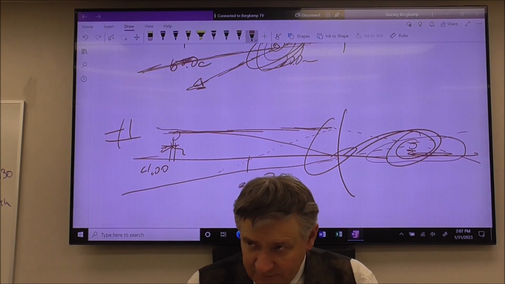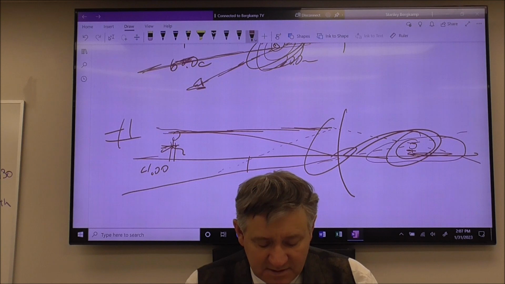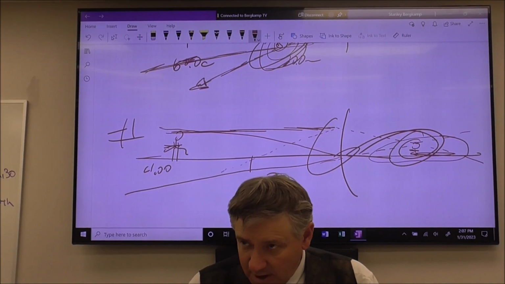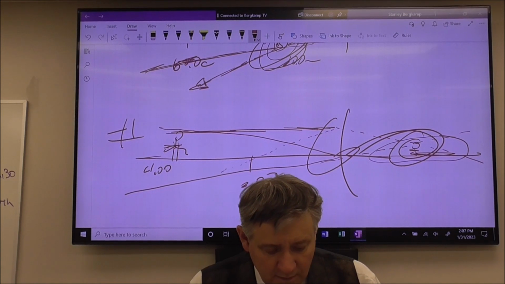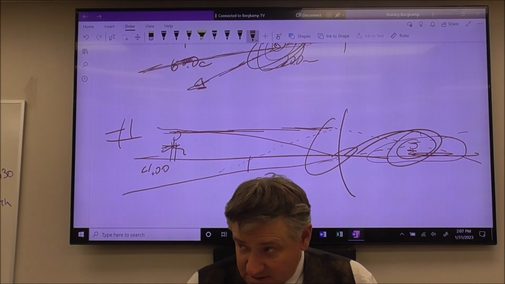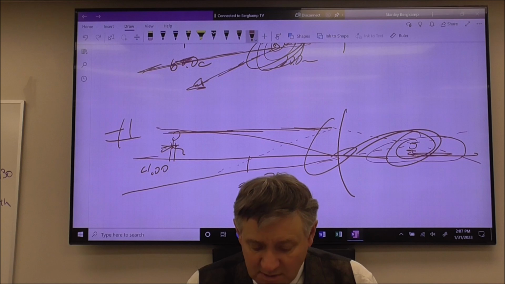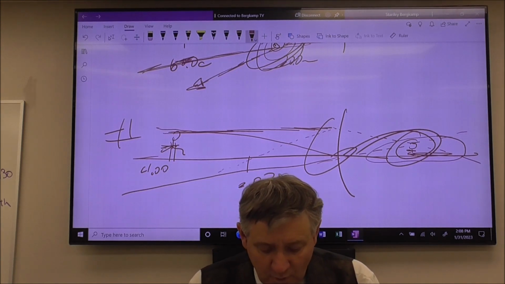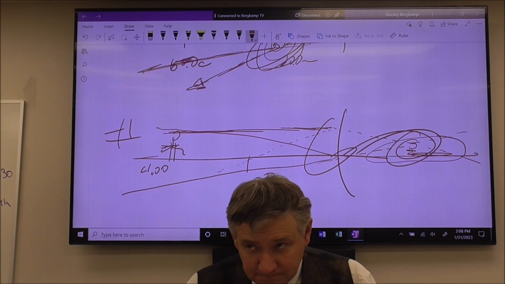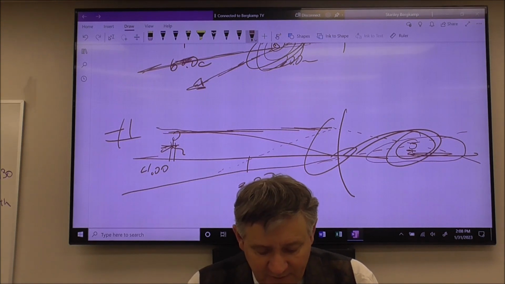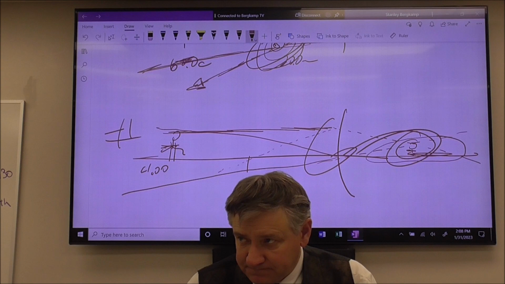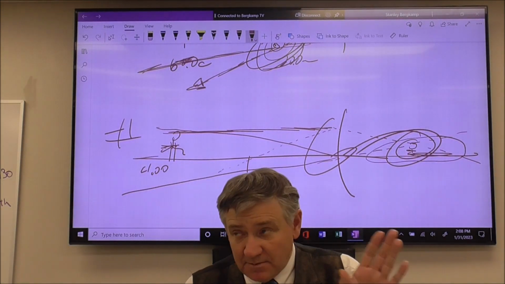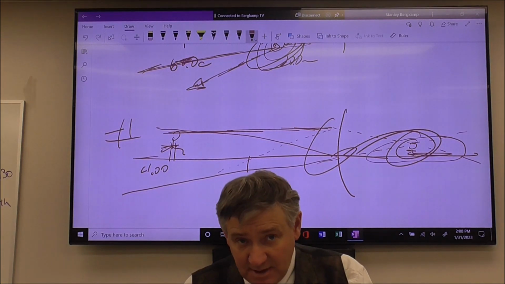So the first one's around 40. The second one's around 10-ish. The third one, and these are your image distances, is also around 10. Your fourth one is around 40. And your fifth one is around 60. Now, those are ishes, and some of those answers are positive, some of them are negative.